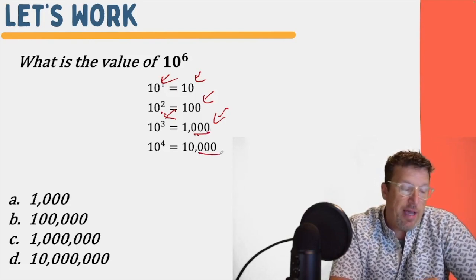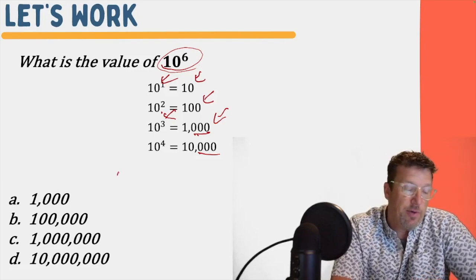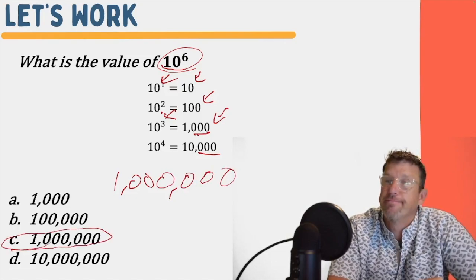So you're noticing a pattern. If we go back to the question, what do we think 10 to the 6th will equal? It'll be a 1 with 6 zeros. So your answer would be 1 million.